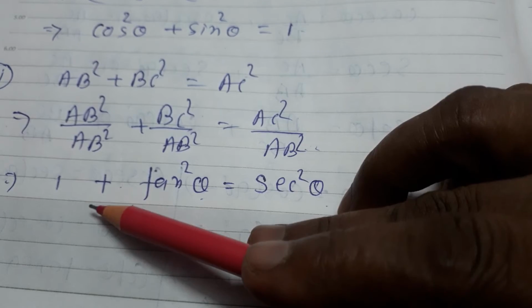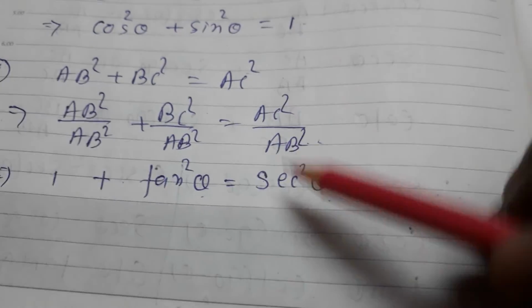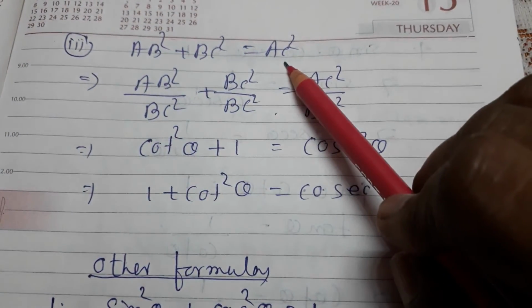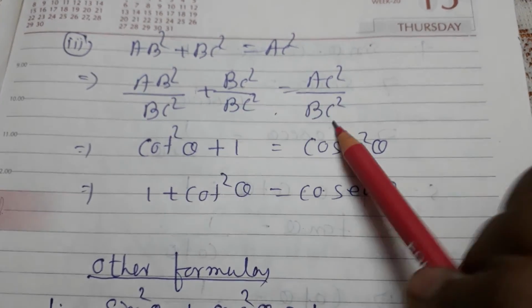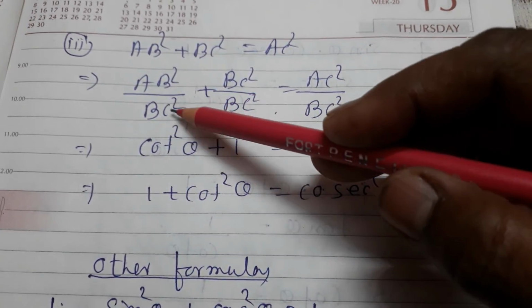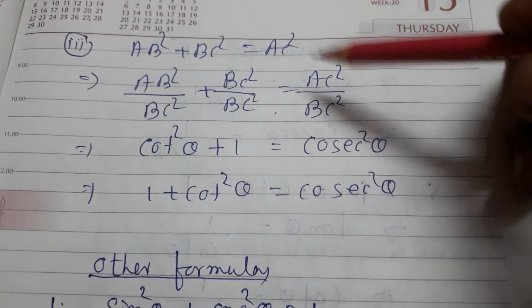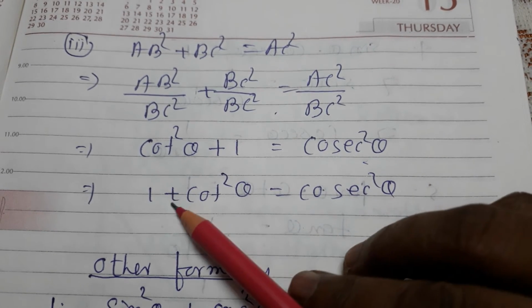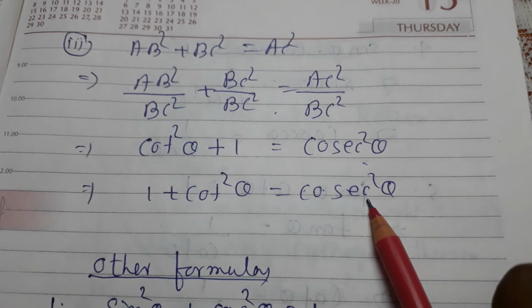So another formula is created: 1 plus tan square theta equals sec square theta. So you have to learn this. Again I have written the statement by Pythagoras theorem. Now dividing both sides by BC square, AB square by BC square, as per the figure, is cot square theta, this is 1, and this is cosec square theta. So 1 plus cot square theta equals cosec square theta, another formula.